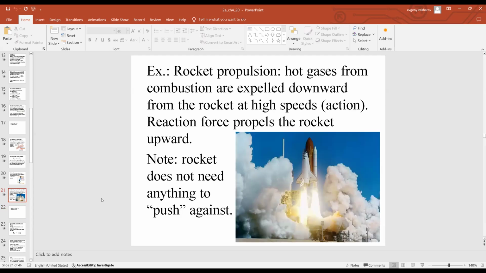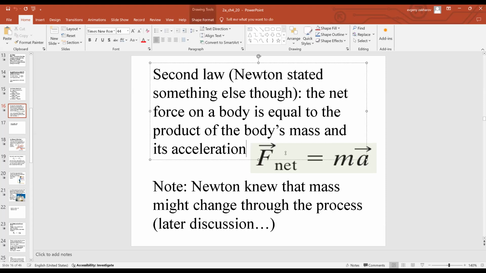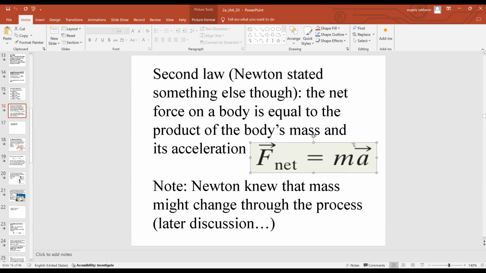Well, the answer is Newton's second law. And Newton's second law says what? Forces are on one side, and then you have mass times acceleration on the other side. And if forces are the same, but masses are different, then you have different accelerations. So what do we have for Earth versus the moon? Earth has much more mass.